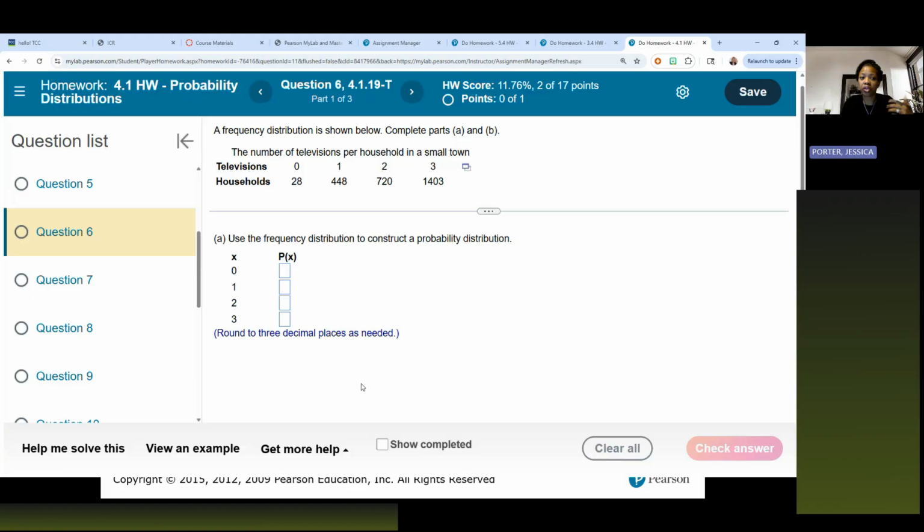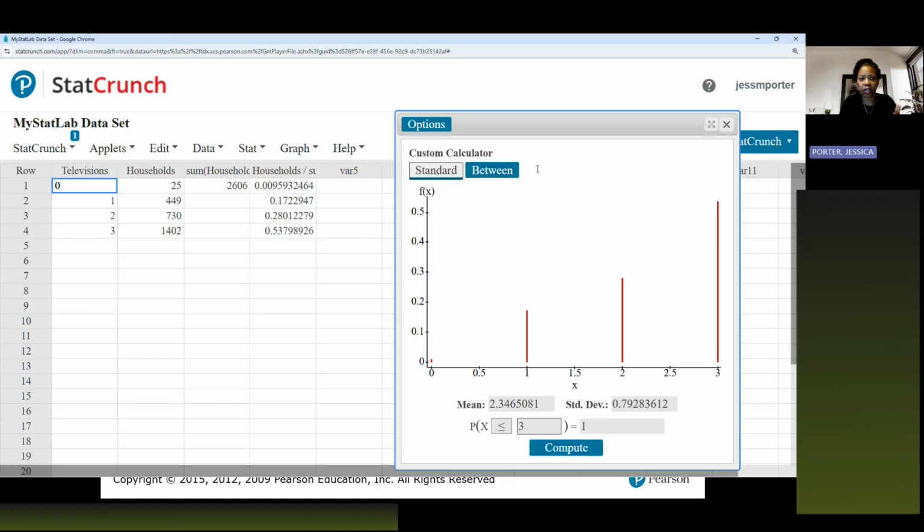So you can do it with your calculator. You can do it with StatCrunch by doing the sum and then building an equation as well. Or you can use the function that we looked at, Stat, Calculators, Custom. Even though the graph has skinny bars, you can see the pattern.